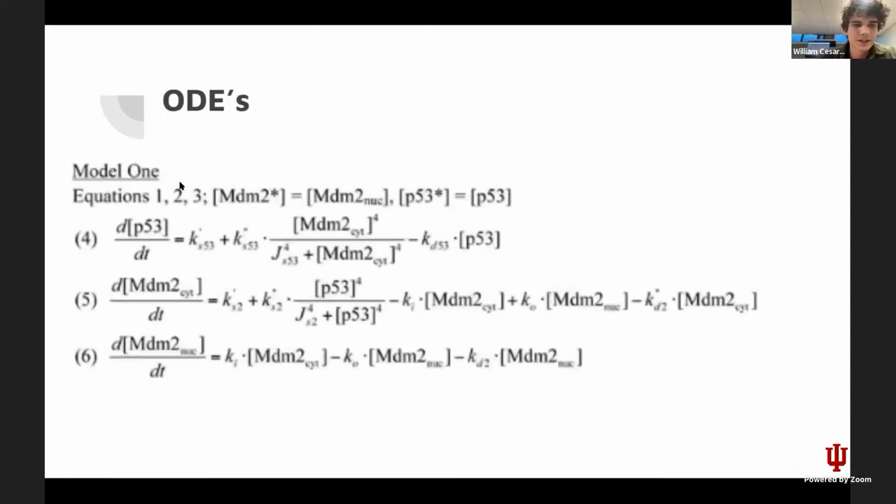Oh, interesting. Okay. Apologies for the granularity of the image, but these three equations constitute the changes in P53, MDM2 in the cytoplasm, and MDM2 in the nucleus. Okay, I got that right. So we can see P53.